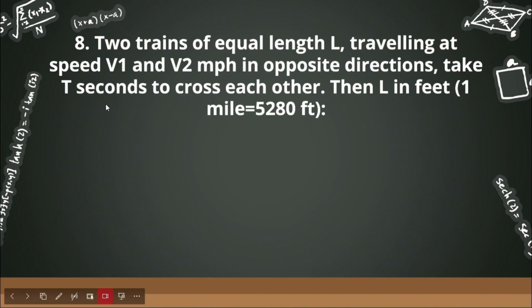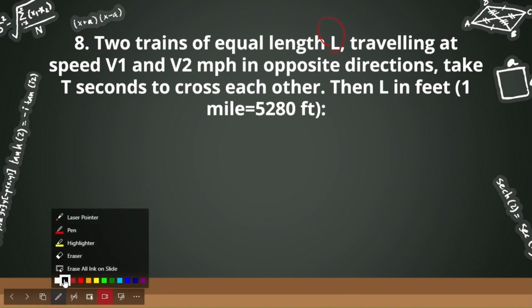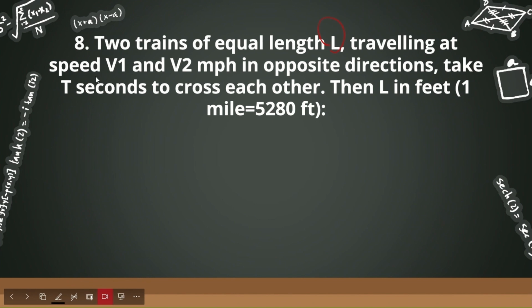So in this question, number 8, it's told that there are two trains of equal length L, traveling at speed v1 and v2 miles per hour in opposite direction.